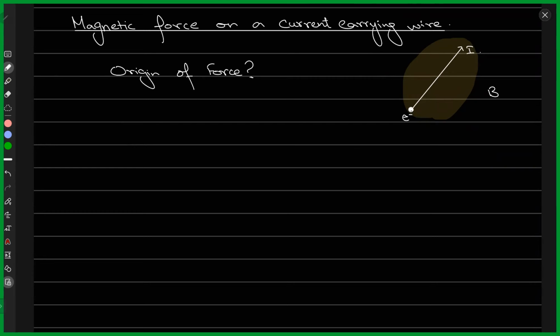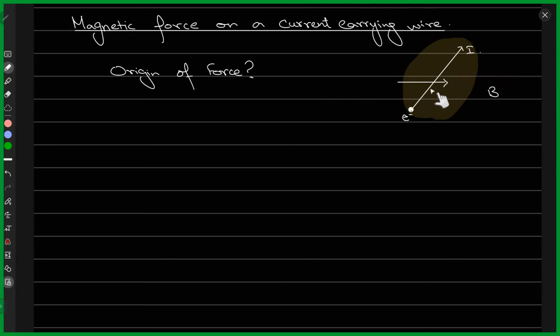And if it encounters a magnetic field as well, what happens is it experiences a sideways force, right, which is perpendicular to the direction of motion. Now, a wire that is carrying current is made up of not one electron, but a very large number of moving electrons. And so let's try to see what happens inside the wire, right?